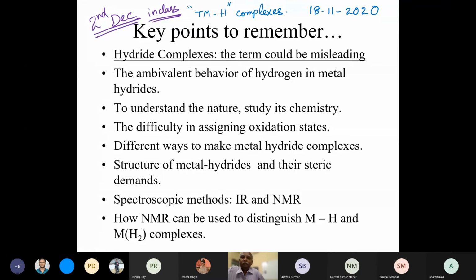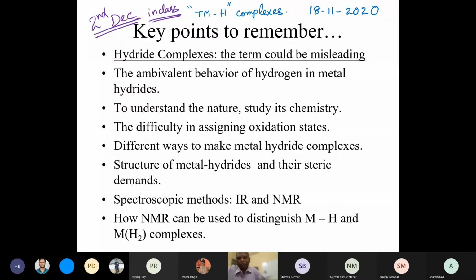It's actually an acid. So the ambivalent behavior of hydrogen in metal hydrides is something that you have to bear in mind. It will change its behavior, act like a chameleon, changing its color. It will behave differently in different metal complexes.